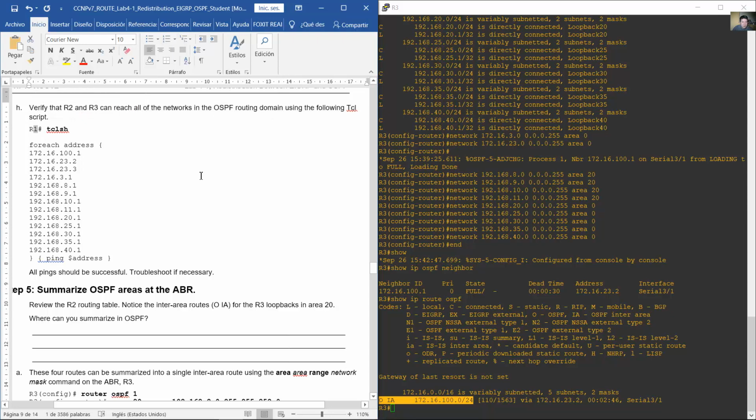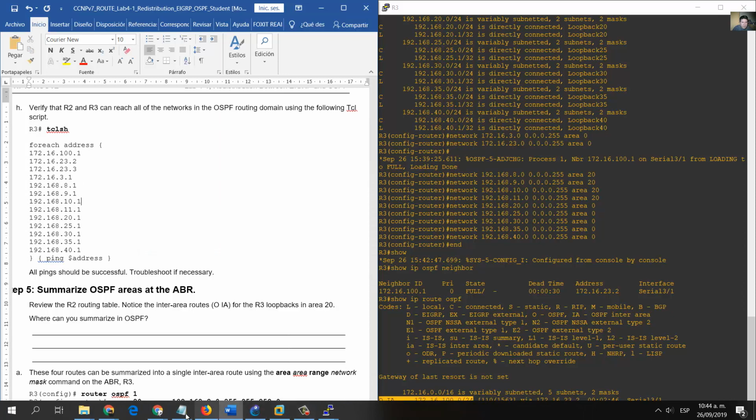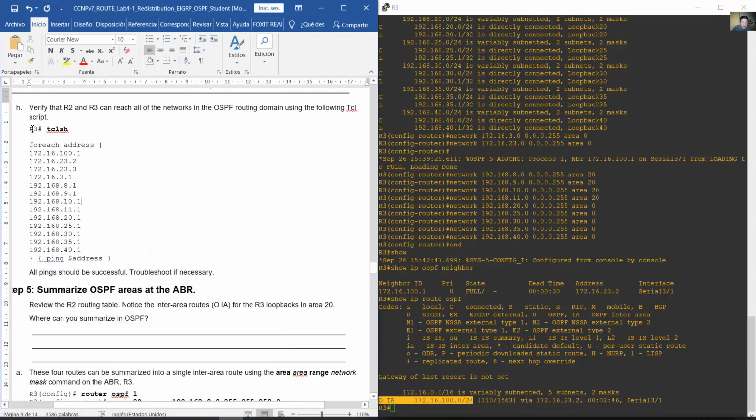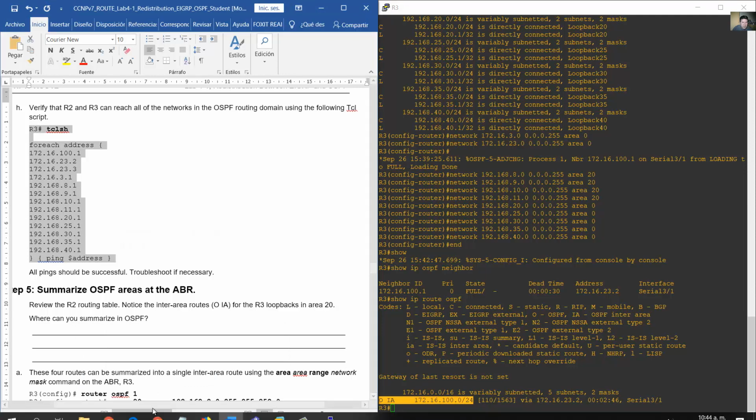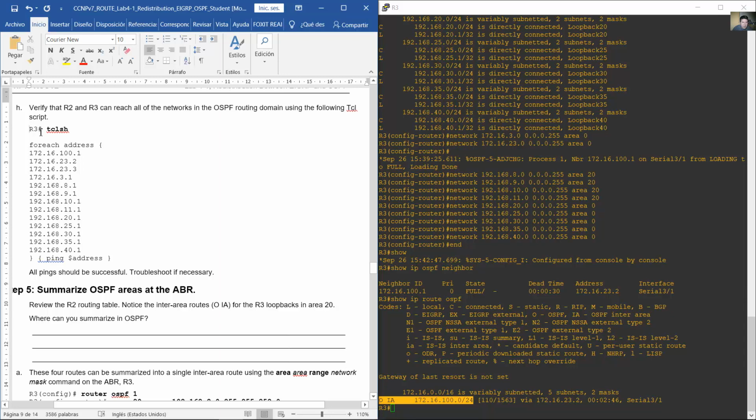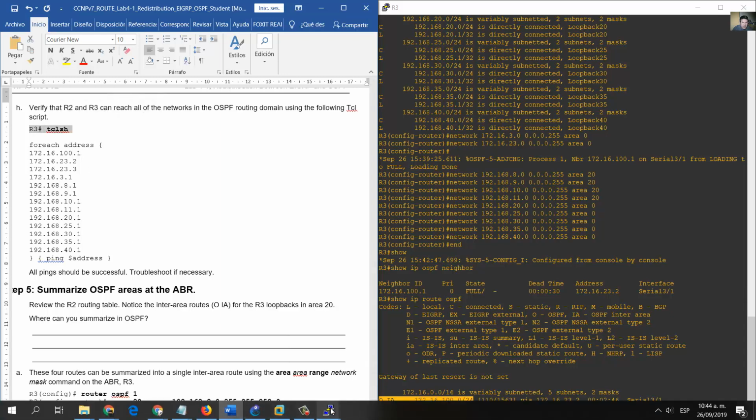Go to R2 or R3, for example R3, and verify using this TCL script. If you use R1, these pings will fail for now. First of all, try on R3.